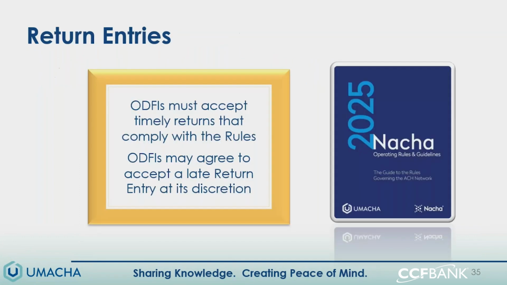All right, let's talk a little bit about return entries next. So we're going to spend some time here talking about the returns. So ODFI, so CCF Bank, must accept timely returns that comply with the rules. An ODFI may agree to accept a late return at their discretion.